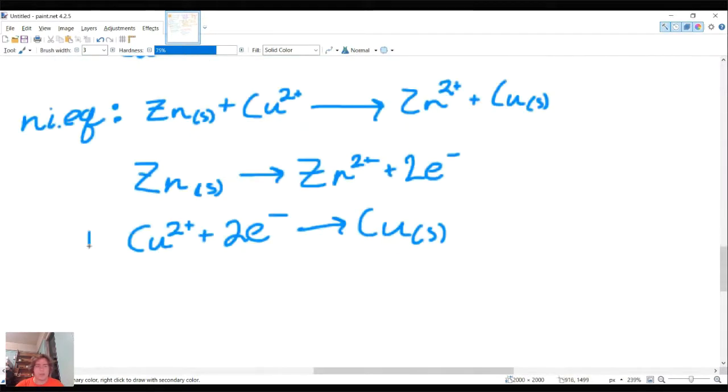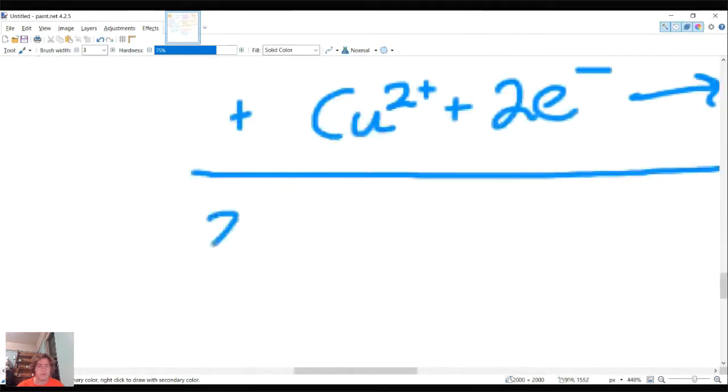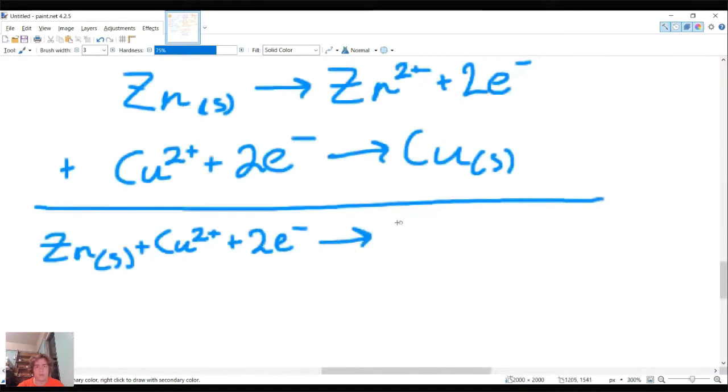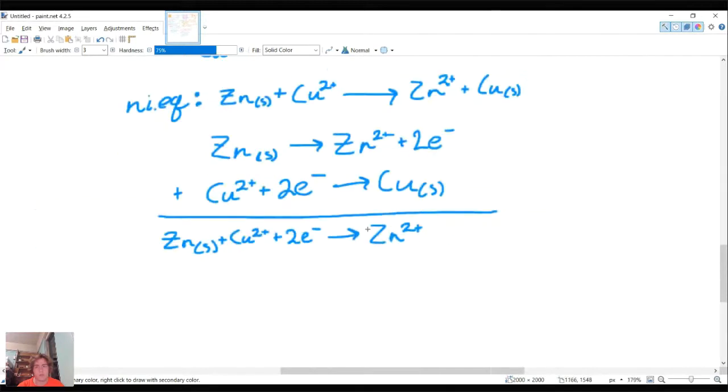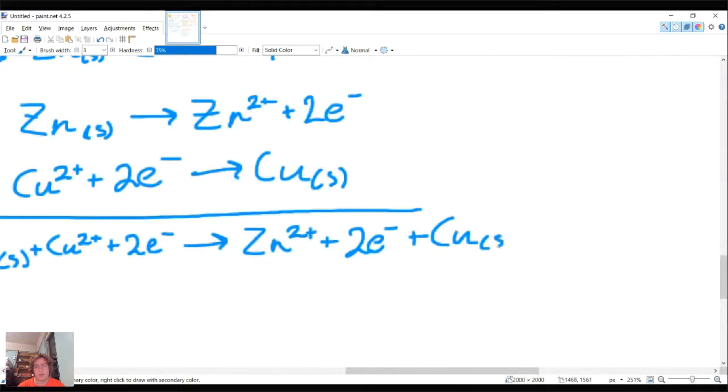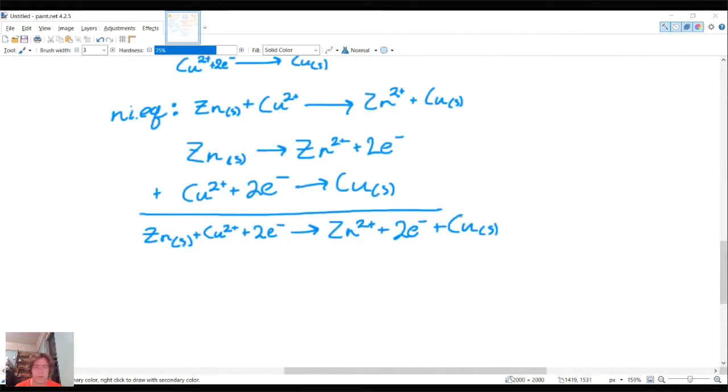And what happens when we add these reactions together? We get solid zinc plus copper ion plus 2 electrons forming the zinc 2 plus, 2 electrons, plus solid copper. And what can we cancel out? Yeah, we cancel out the electrons.